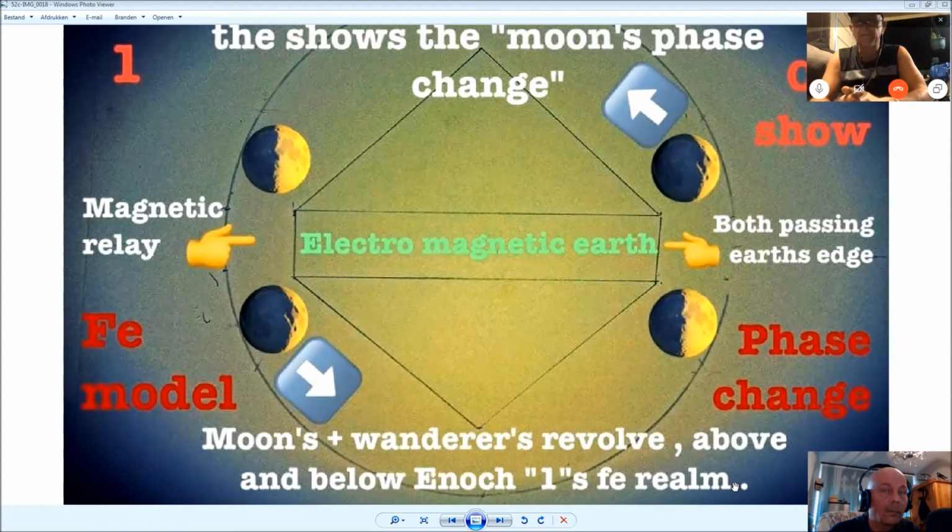This is why in the first 14 days the moon fills up, as it says in Enoch, by increments from the sun's ether. It fills up like a battery.